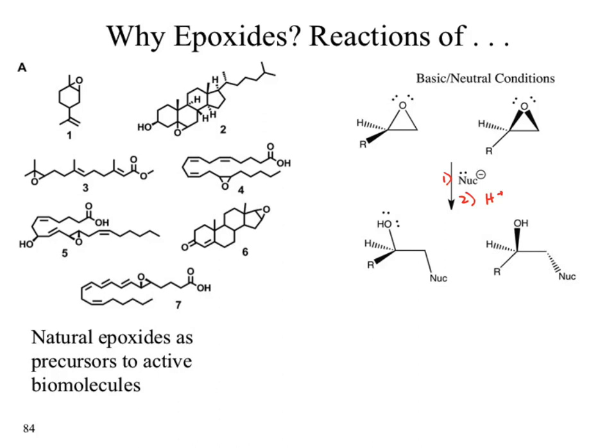When there's a negative. How do we get a negative in solution? In a basic environment. I will never have a strong nucleophile in an acidic environment, because an acidic environment provides H+. The H+ would cancel the negative nucleophile. So we have to be in a neutral or basic system.